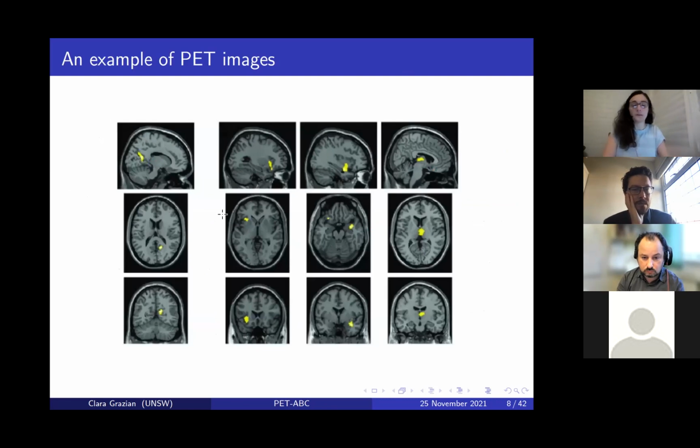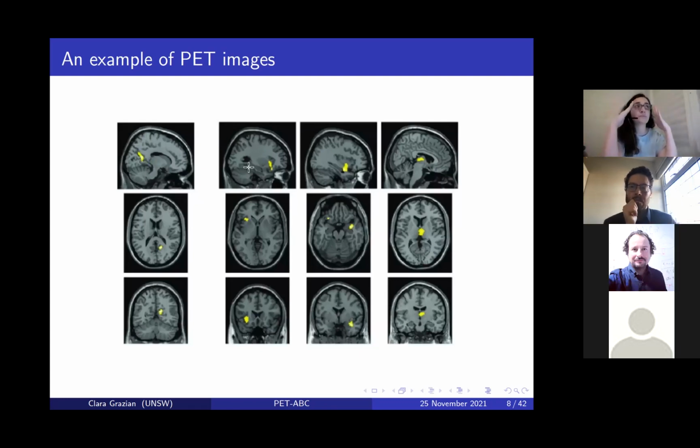As I said, the images come in 3 dimensions, and you get slices of these 3-dimensional images. Then you may apply a model of the activity you would like to observe, and you may want to estimate the parameters of this model, so that you can reconstruct the image by coloring the areas of interest depending on the parameters you have estimated.